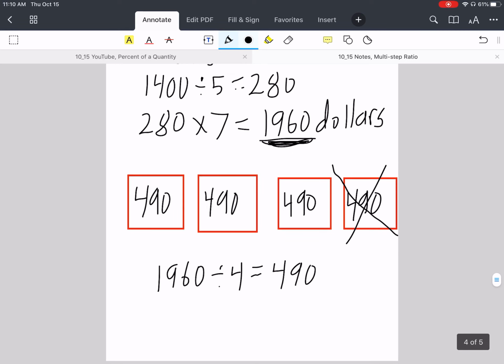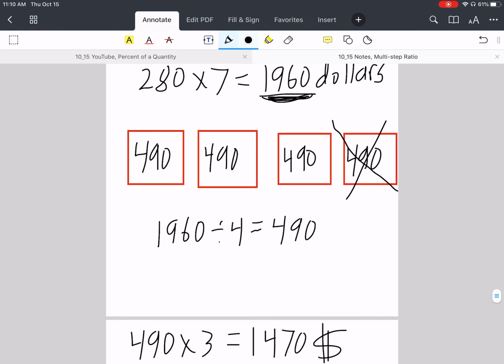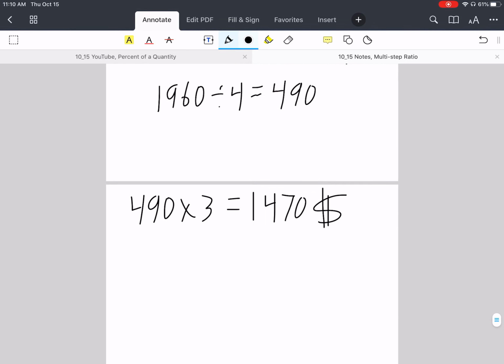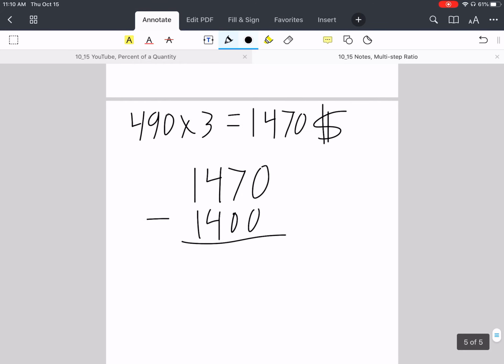Then we took a quarter off of that price and ended up with $1,470. So the total profit would be what they sold it for minus what they bought it for, which would give us a $70 profit.